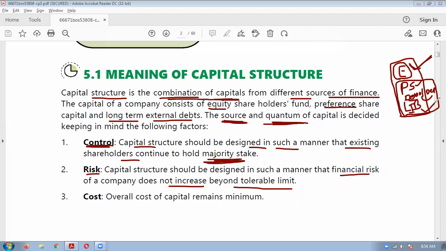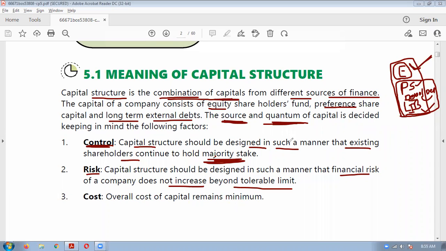So risk is a factor the company can consider before taking a decision on the capital structure. Debt capital will increase the risk, obviously, because there should be regular service of interest and payments, and repayment should also be done at the maturity period.